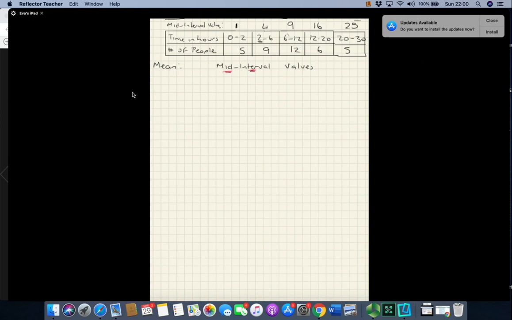So these mid-interval values up here are what I use when I'm calculating my mean. That's why in these questions they call it an estimate. It says estimate the mean.